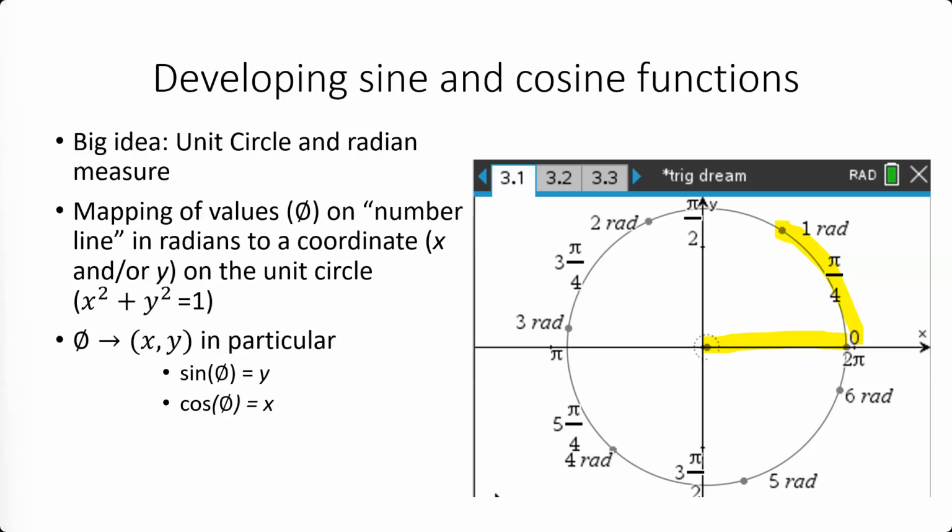And I do have to point out, this also comes from calculus, that radian measure is absolutely essential when you're working with any other kind of measurement unit. For example, in calculus, we have things like sine theta over theta.